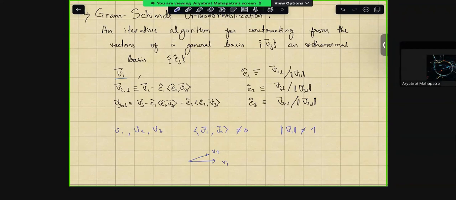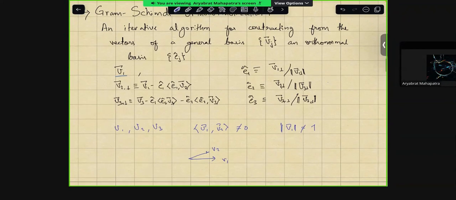Again, you can use the intuition of Cartesian space. Let's say there are two vectors v1, v2 lying in this way in Euclidean space. They are not orthogonal, but in order to make them orthogonal, you can use their projections.